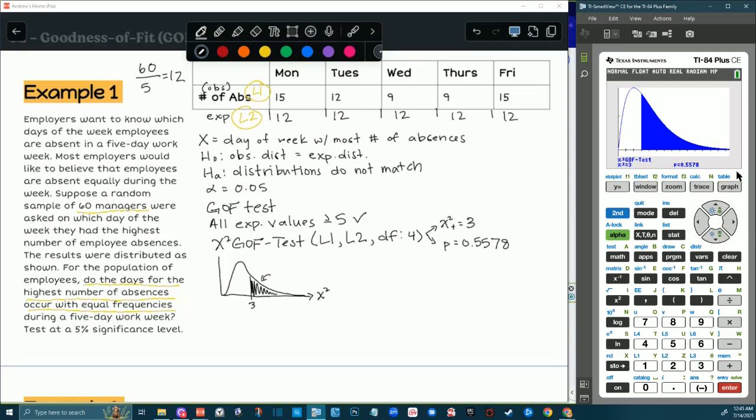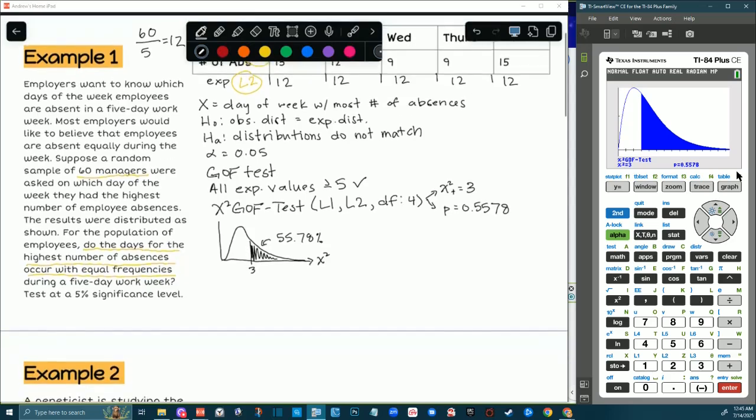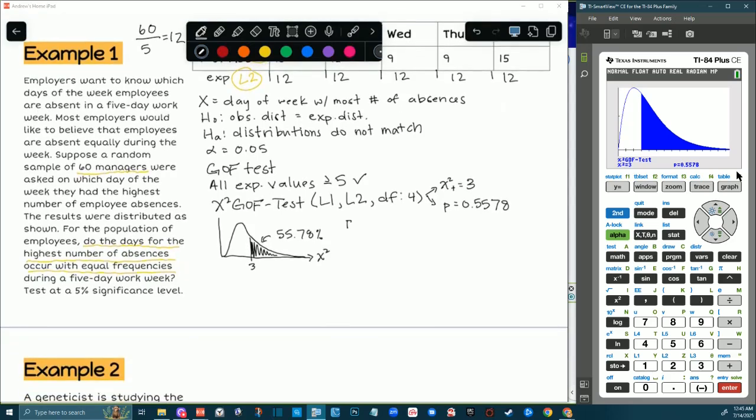So I know my p-value is the area in that tail, which is 55.78%, more than half the curve. And we know that because our p-value is greater than our level of significance alpha, we fail to reject. We only reject the null when our p-value is low.